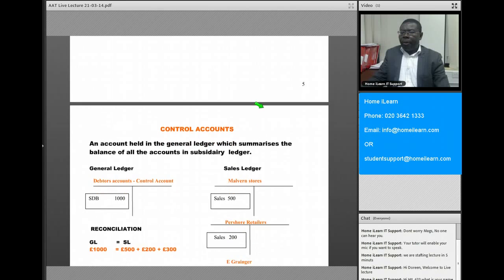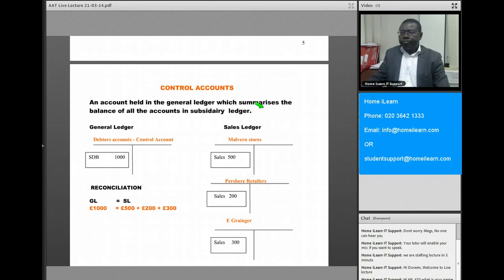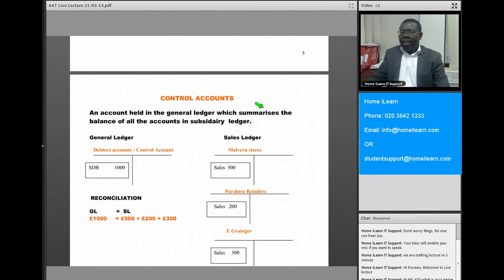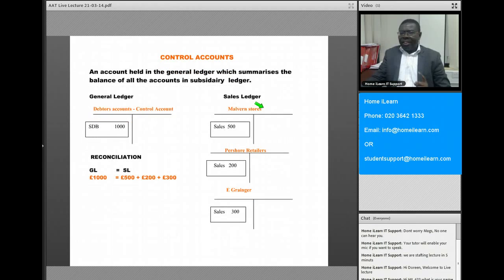So let's note that as we go to the next section. Now, in the general ledger, there is an account that we call a control account, and I just want to explain this a little bit to you. A control account is an account held in the general ledger which summarizes the balance of all the accounts in the subsidiary ledger.